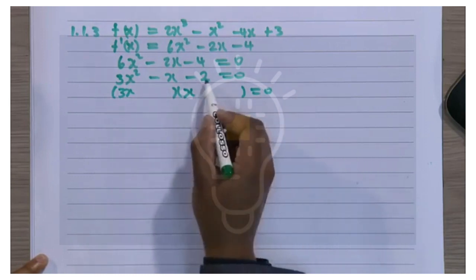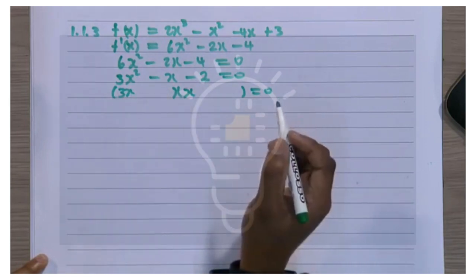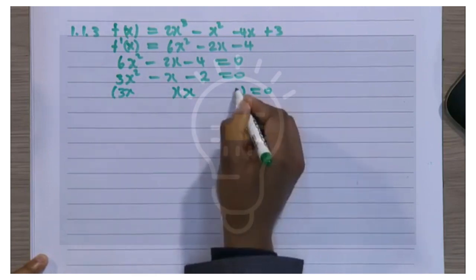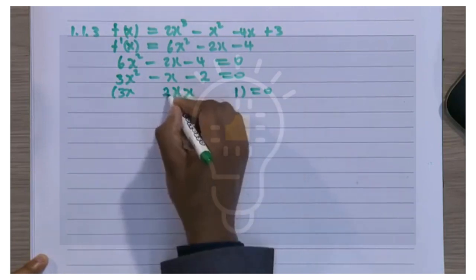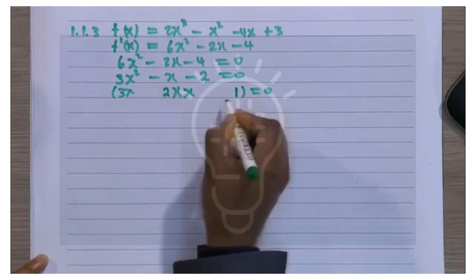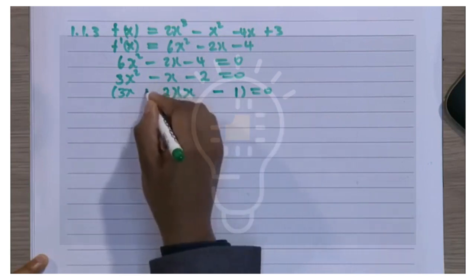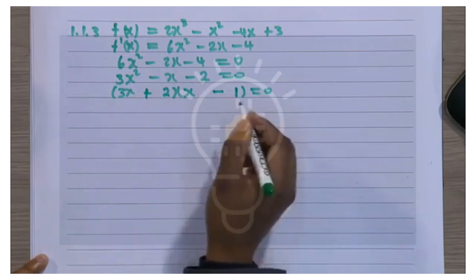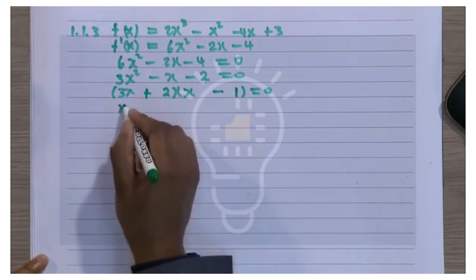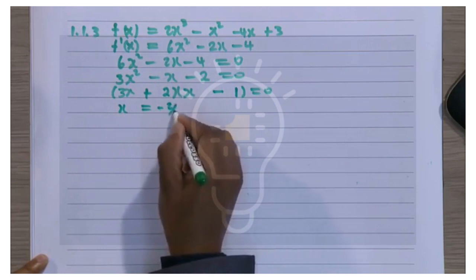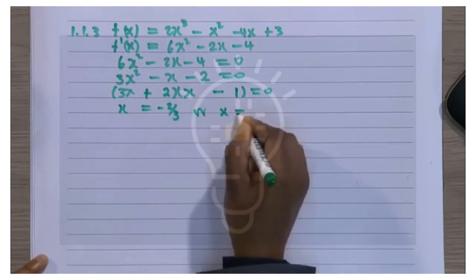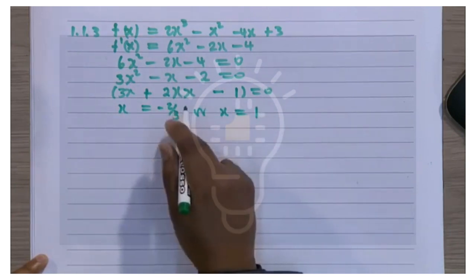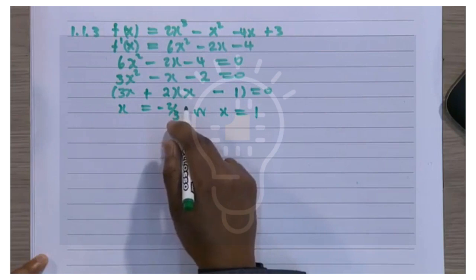Now we're having 2, we're having 3. That simply means that this side we need to have 1, and there we have to have 2, and negative this side, and a plus this side, so that we can have this negative there. So we can conclude to say x is equal to negative 2 over 3, or x is equal to 1. Those are the x values where our function is turning.